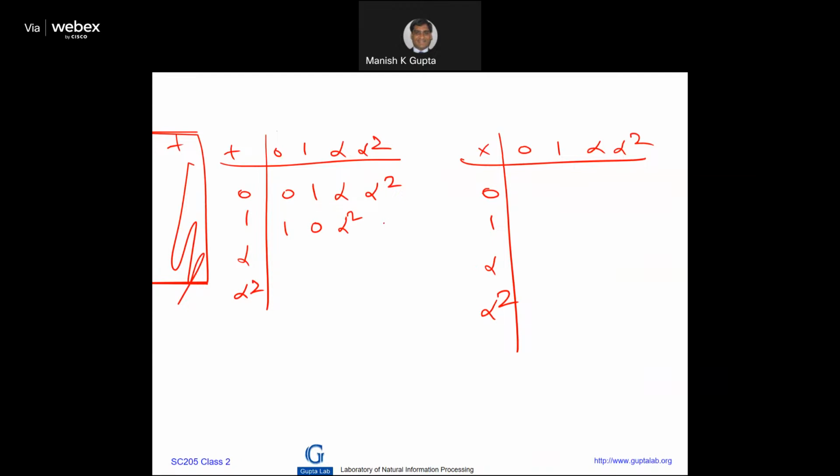And 1 plus alpha square is alpha. Alpha plus 1 is alpha square. Alpha plus alpha is 2 alpha. Coefficient is 2, modulo 2 will be 0. Alpha plus alpha square is 1. Alpha square plus 1 is alpha. Alpha square plus alpha is 1. Alpha square plus alpha square, 2 alpha square, which is 0. Got it?